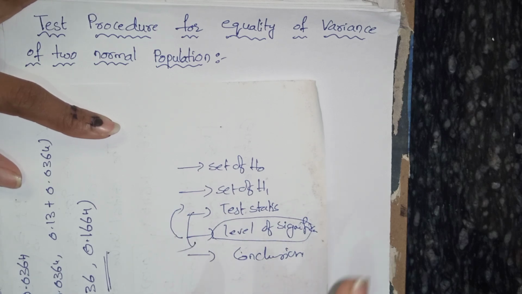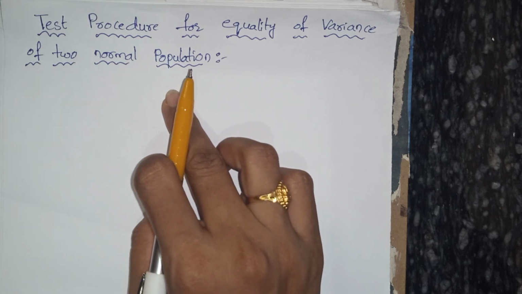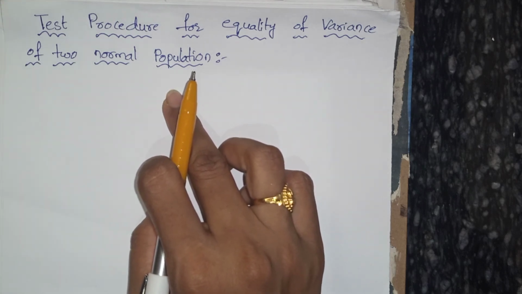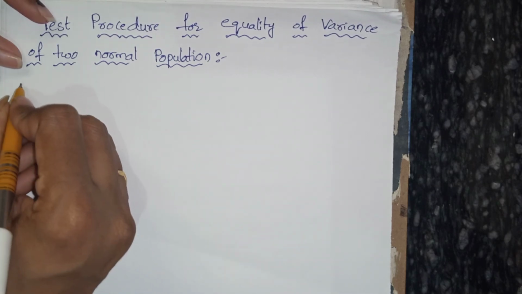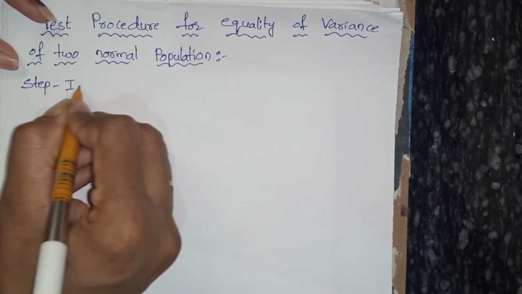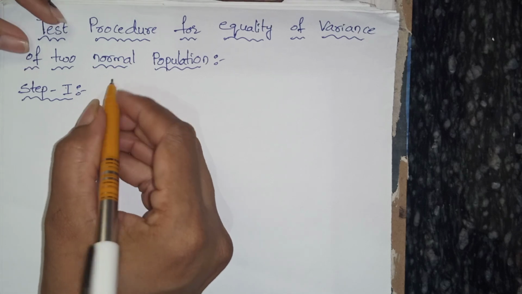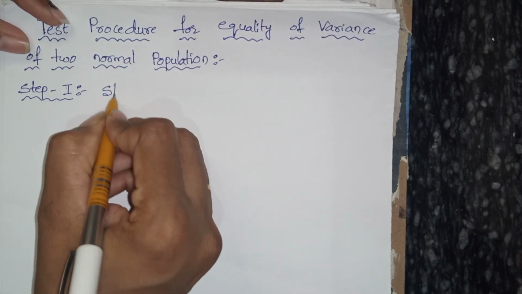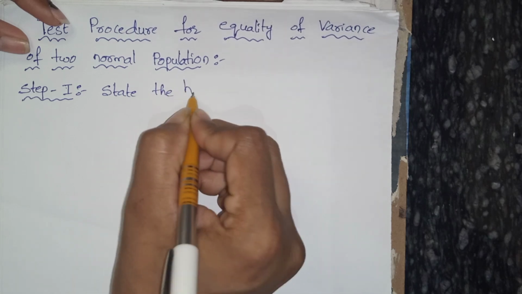In order to test the variance of normal populations, which test do we use? We use the F test. So step 1: state the hypothesis. That means we have to set the hypothesis.